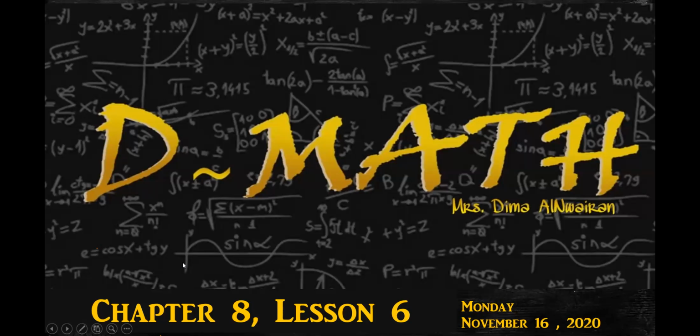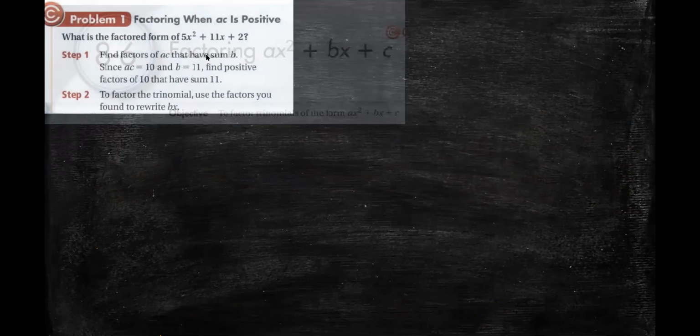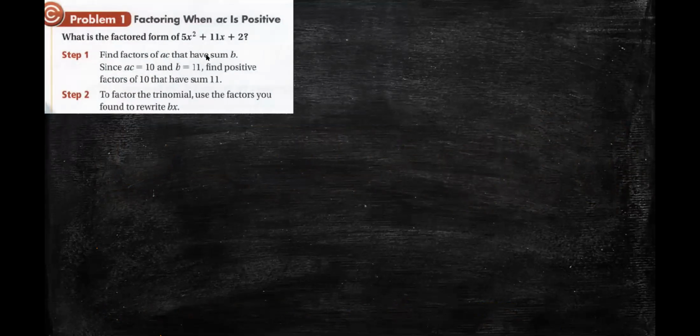Good morning. Yesterday we started with Lesson 6, which is about factoring a trinomial of the form ax squared plus bx plus c. If you want to factor this type of trinomial, the first step is to multiply a times c, then write all the pairs of factors of this number and add each pair. Choose the pair of factors that has a sum of b, and rewrite the trinomial using these two factors.